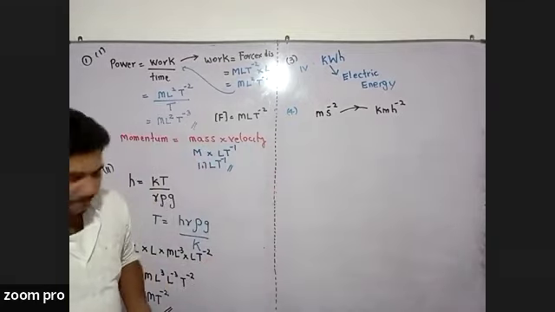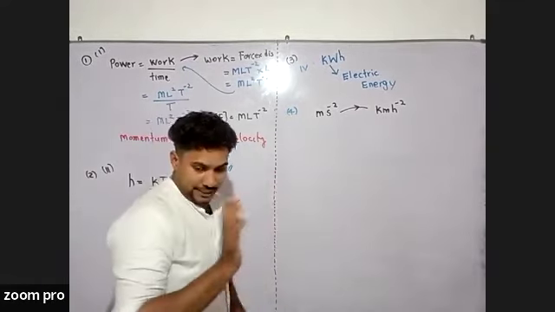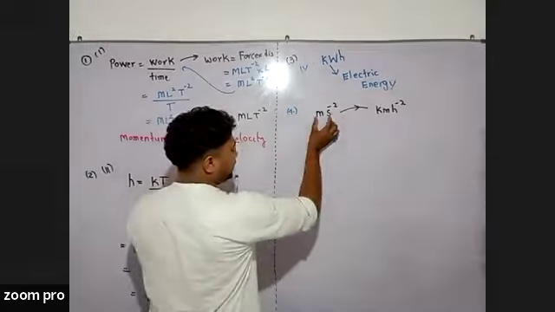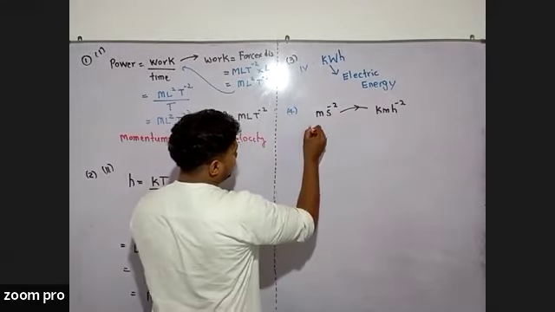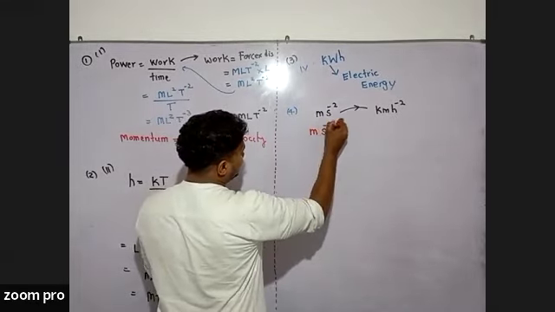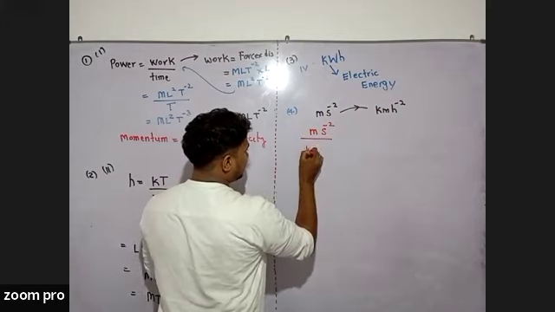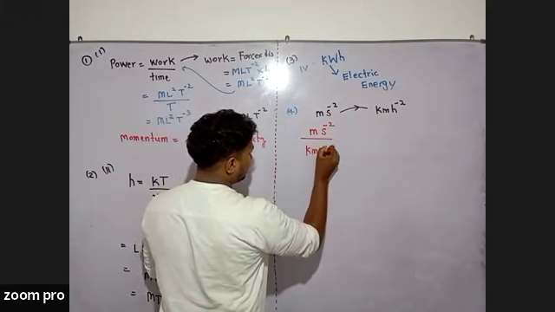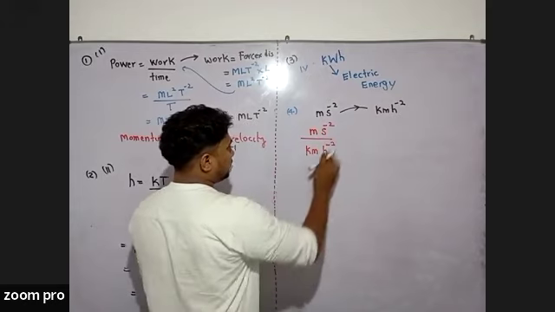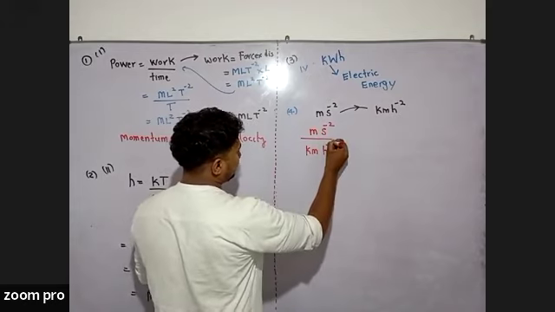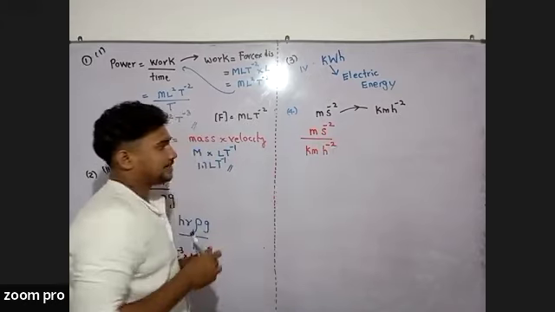The theory is, this is the given unit and this is the converted unit, right? So the given unit should be divided by the converted unit, that is kilometer per minute squared. Right. So this is very easy, right?